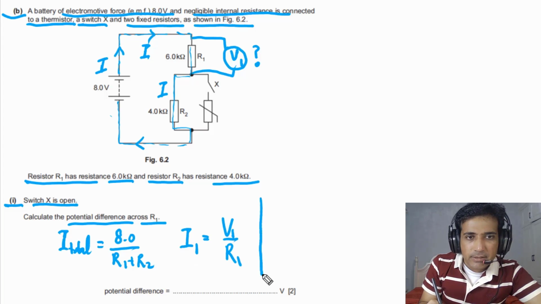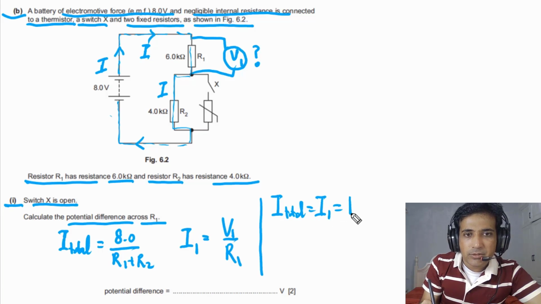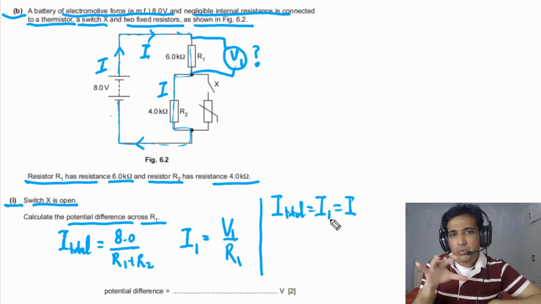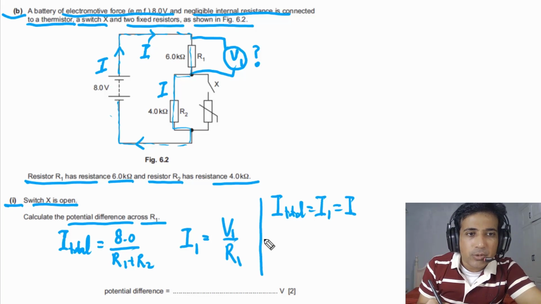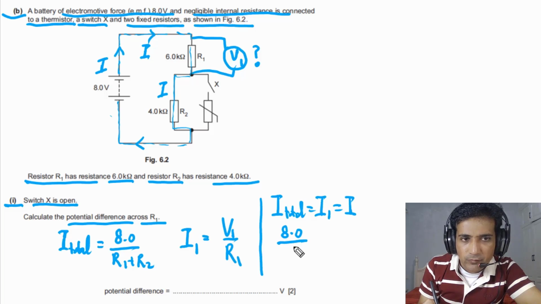As they are connected in series, it simply means that I total is equal to I1, which is equal to I. So simply we can use this idea, current is the same. So I total is equal to 8.0 divided by 6 plus 4 kilo ohms resistors. So this is 10 times 10 to the 3.